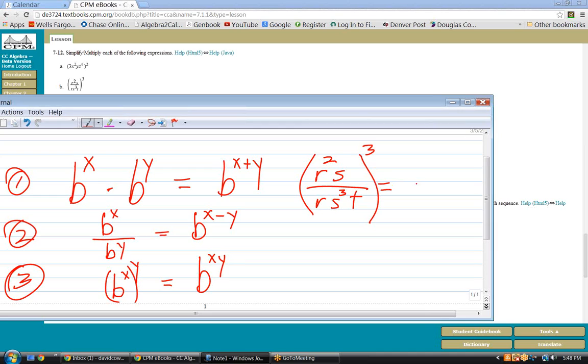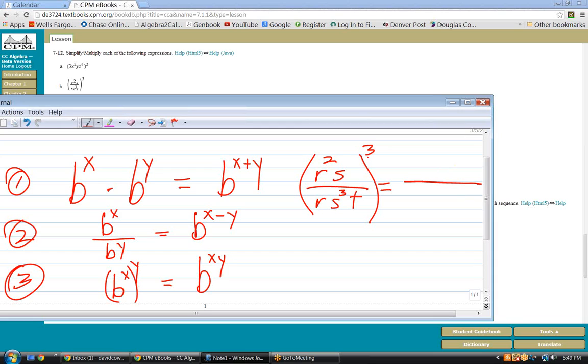What do you get in the numerator? I'm going to cube everything I see here in top and bottom. I've got 2 choices. I could simplify this first, but let's do it the other way, and then I'll do it the first way, and I'll show you that there's no difference.